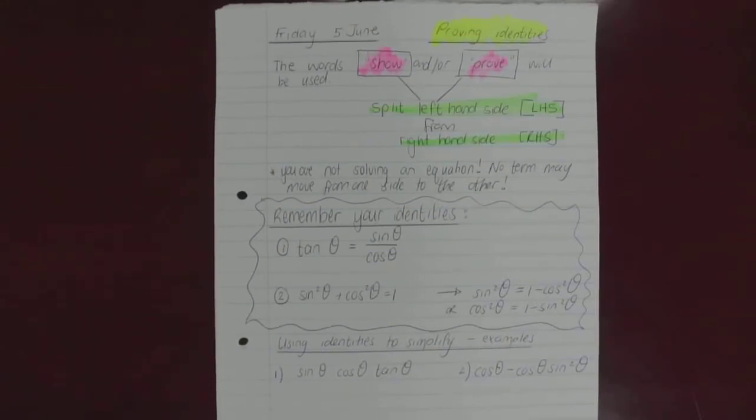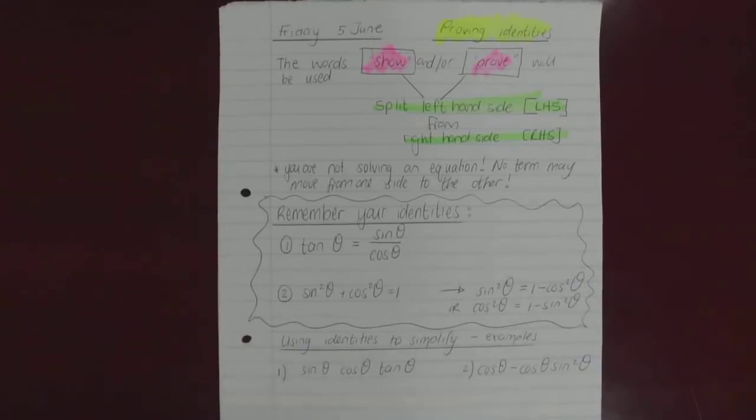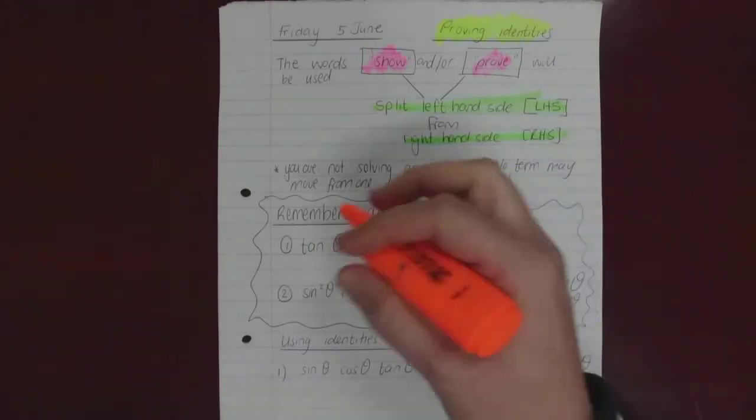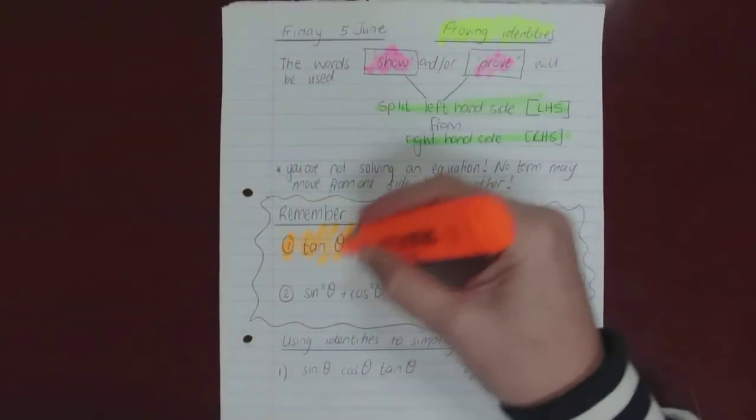You are not going to solve an equation. No term may be moved from the left-hand side to the right-hand side or the other way around. You are going to focus on the left-hand side and see if you get an answer on the right-hand side, or you can even try on the right-hand side to see if you get the same answer that you get on the left-hand side.